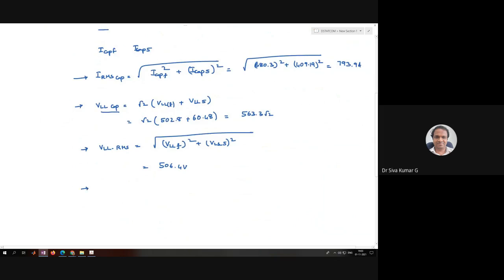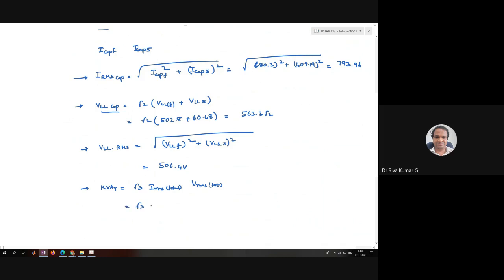Next is the kVAR rating of the capacitor. It is root 3 times IRMS total, including the fundamental as well as the fifth harmonic, times VRMS total. We know the RMS current is 793 and the RMS voltage is 506.